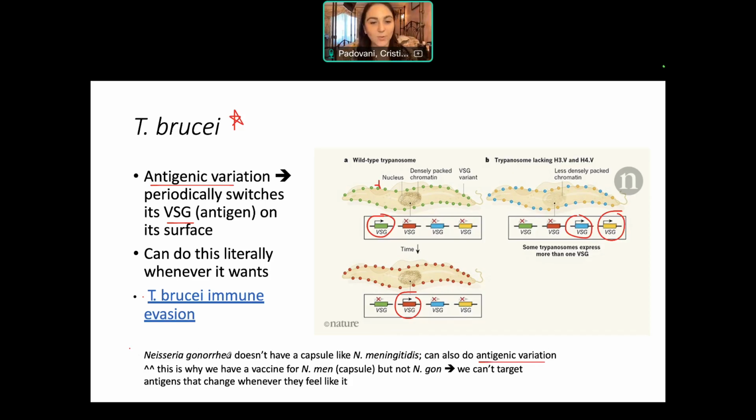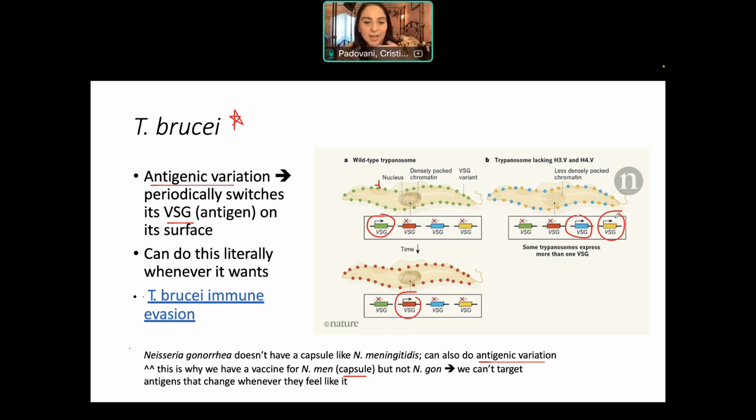This is, again, why we have a vaccine for meningitis because of the capsule, but we do not have a vaccine for gonorrhea. Can you imagine targeting an antigen that changes whenever it feels like changing? There's no way. And if you made a vaccine against all four of these, it would be survival of the fittest.